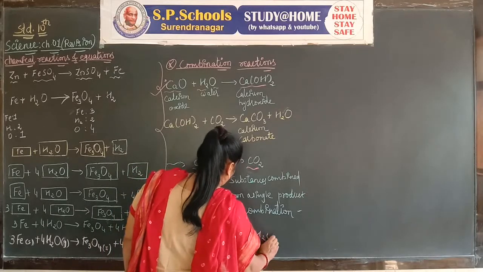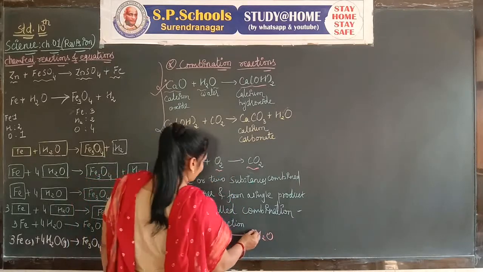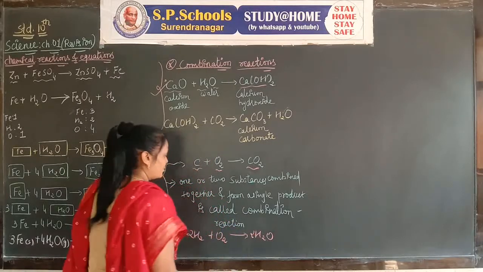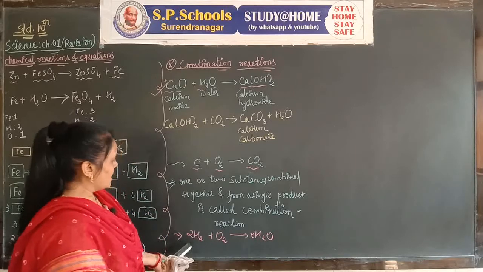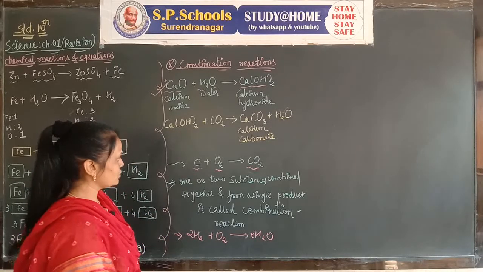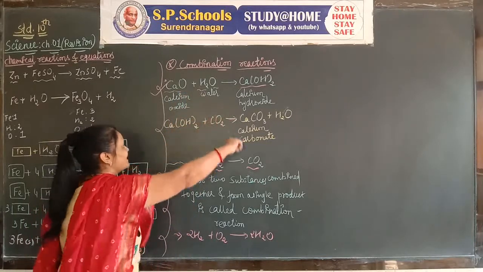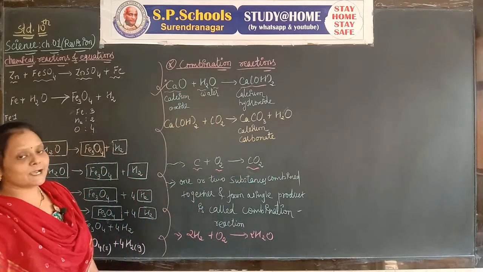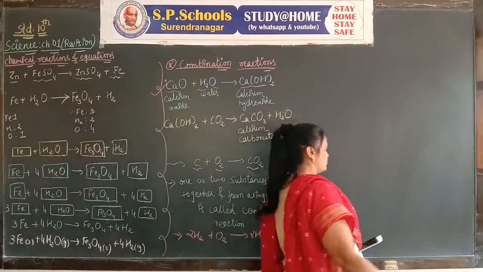To balance the equation we put 2 before H2 and 2 before H2O. This is again another example of combination reaction. Two substances can combine together and give a single product. It's called combination reaction.